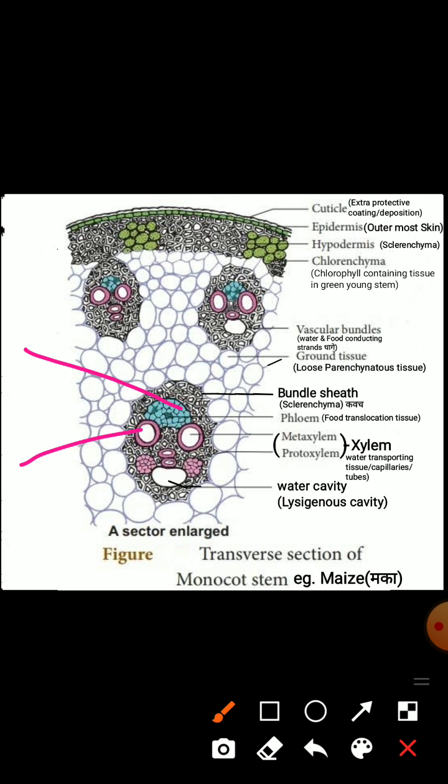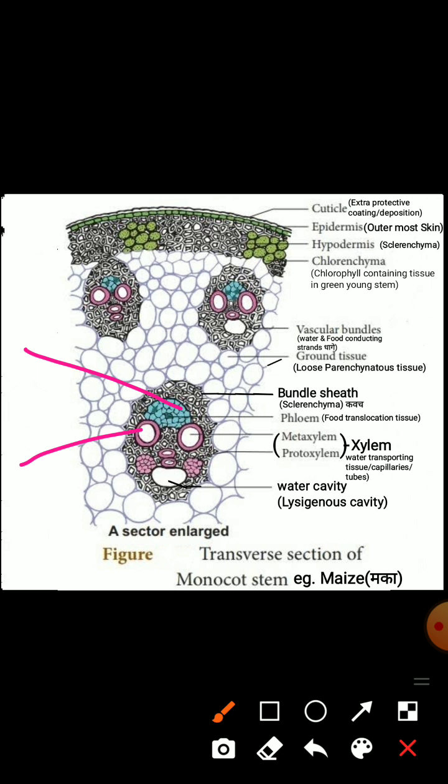When xylem and phloem are joined together in one bundle, the bundle is called conjoint.